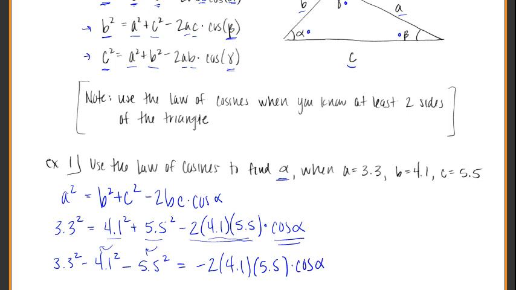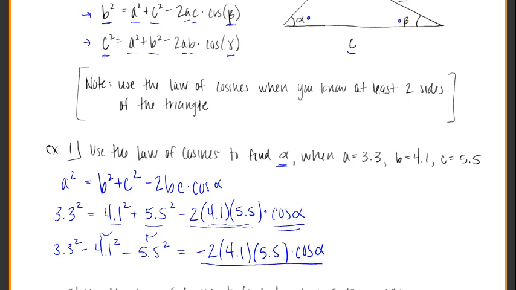To wrap this up, since those are all multiplied to the front of it, I'm going to divide them off. So negative 2 times 4.1 times 5.5, and over here, negative 2 times 4.1 times 5.5.